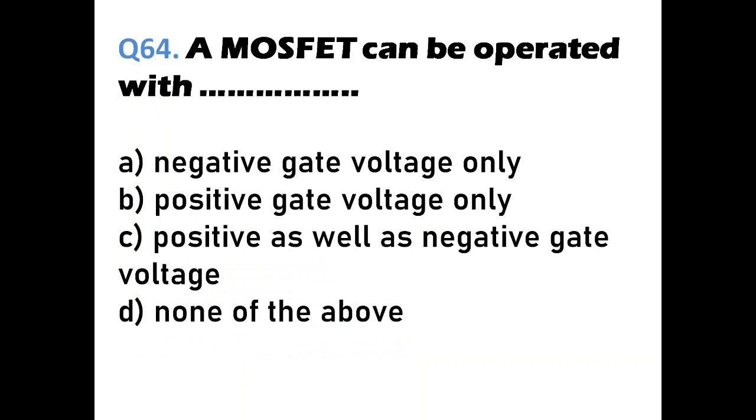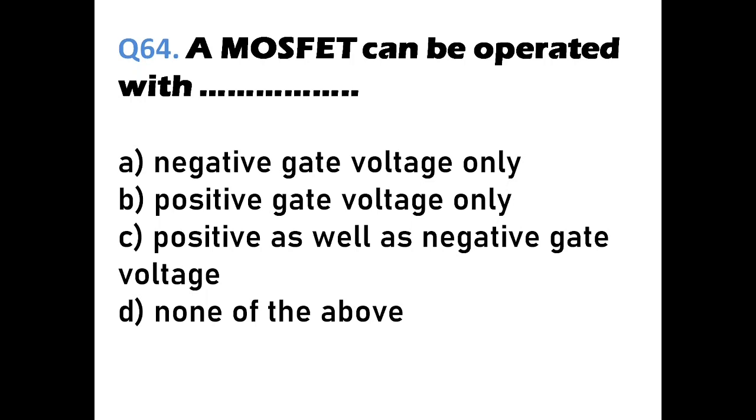A MOSFET can be operated with, okay, a MOSFET means metal oxide semiconductor FET, or it is also called insulated gate FET. Okay, so it is operated with what type of voltage at the gate, whether negative type of voltage or positive type of voltage or positive type, negative type, or none of the above. Now in MOSFET we can see two modes of operation. One is depletion mode of operation and one is enhancement mode of operation.